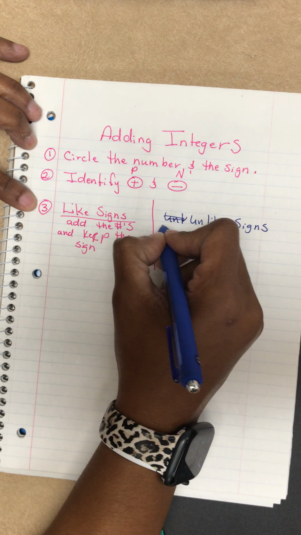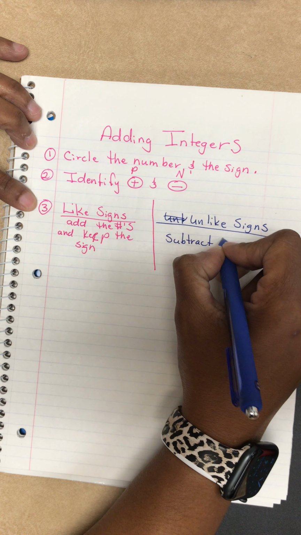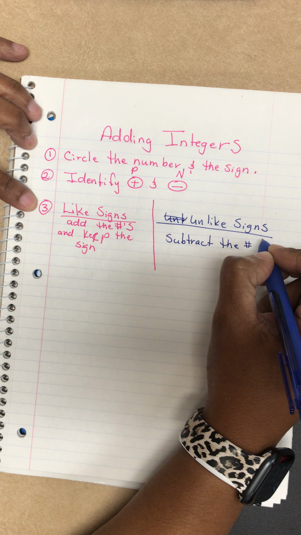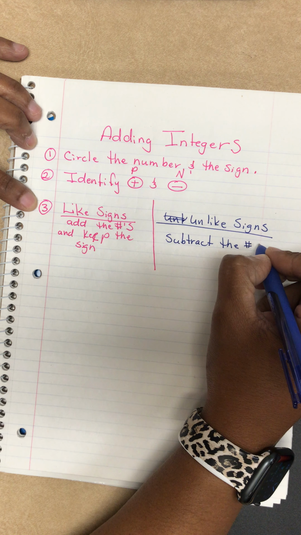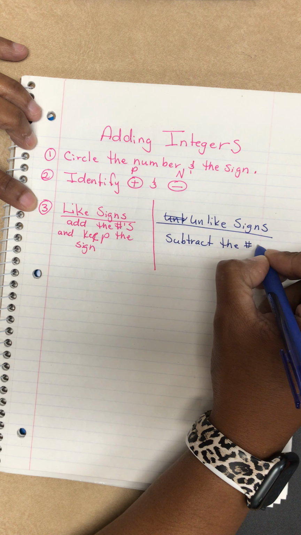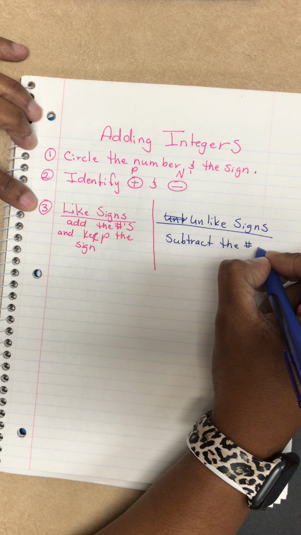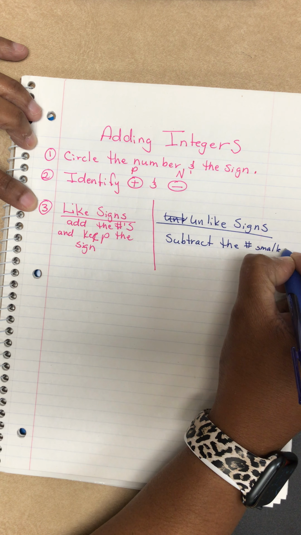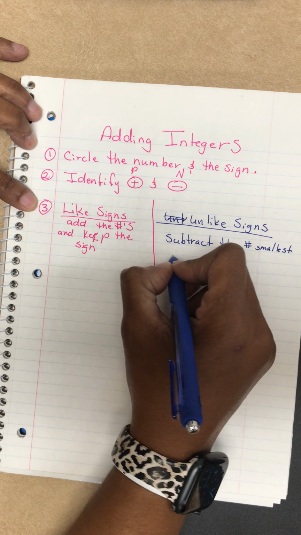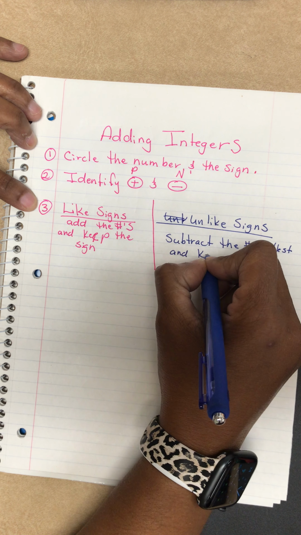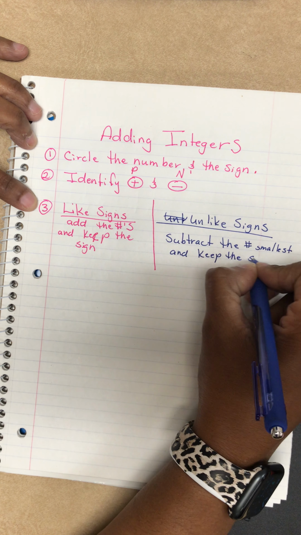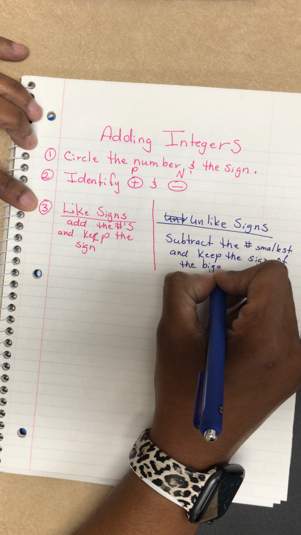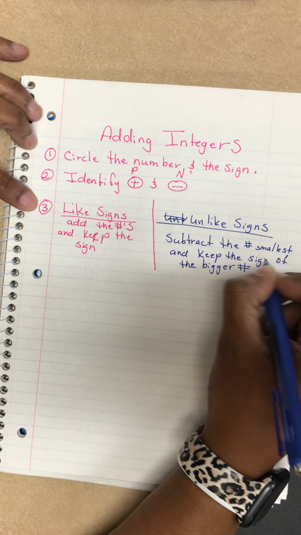You subtract the number, and that's going to be the smallest number, and keep the sign of the bigger number. Okay.